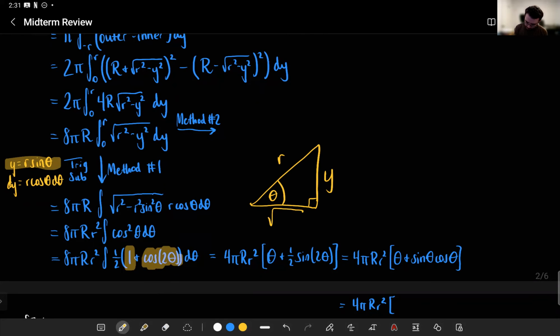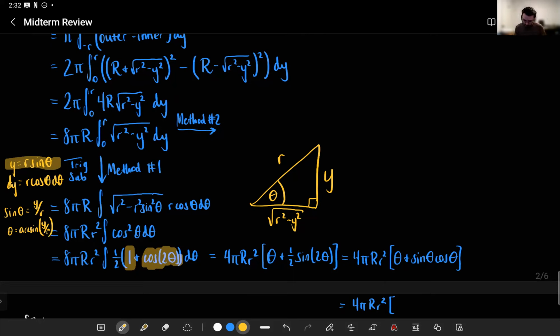The Pythagorean theorem says this should be the square root of r squared minus y squared. Okay, so in here we get theta. Let's just come over here. So sine of theta we know is y over r. So that means theta is arcsine y over r.